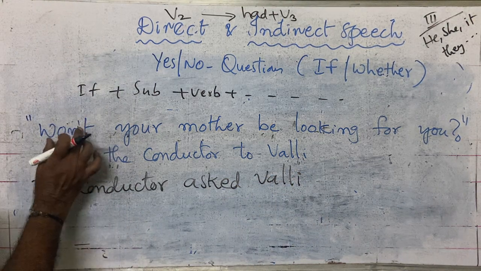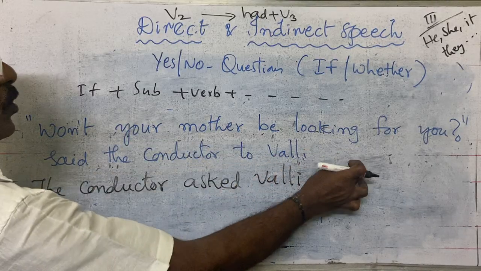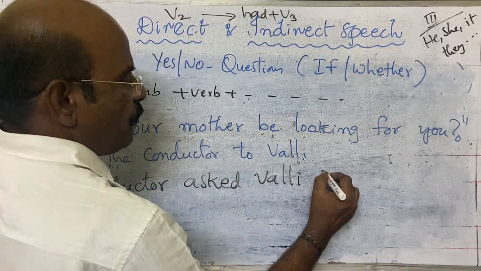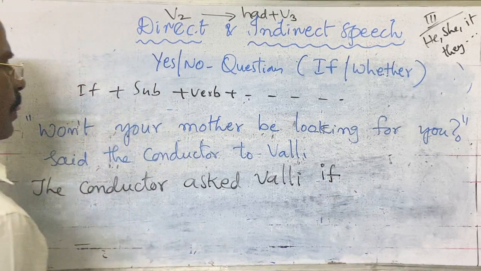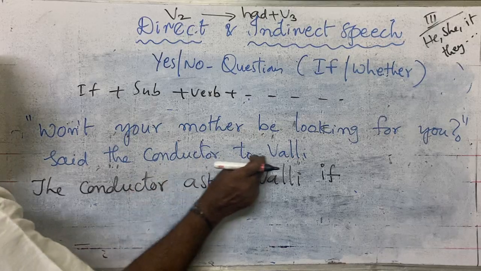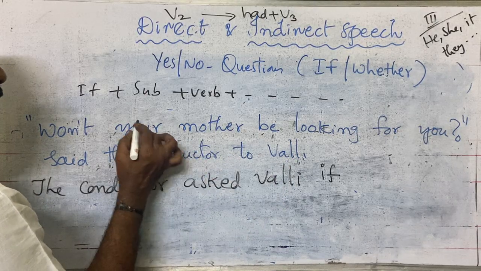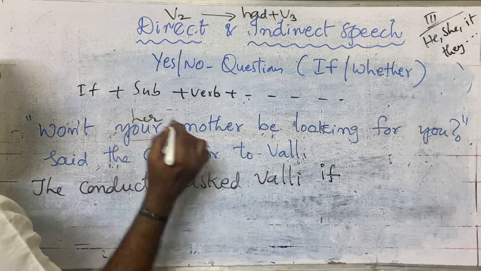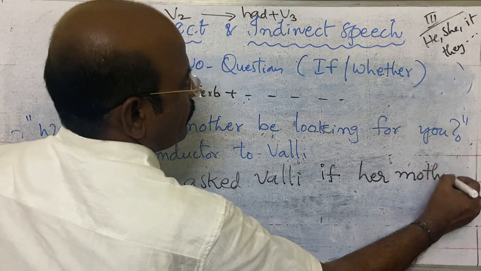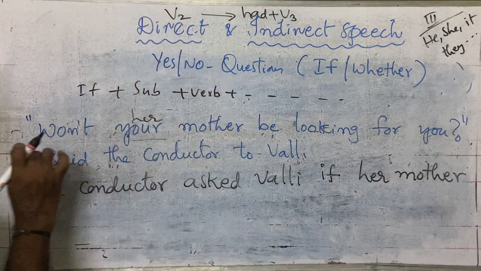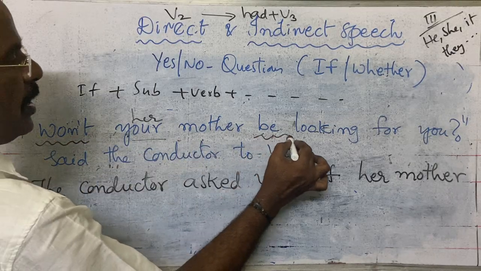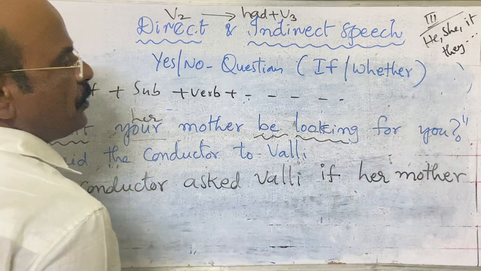I said already, whenever these are yes or no questions, the conjunction is if or whether. If your mother. Your means who is before? The conductor, Valli. So here you are taking your means her mother. What is the verb here? Won't be looking for you.